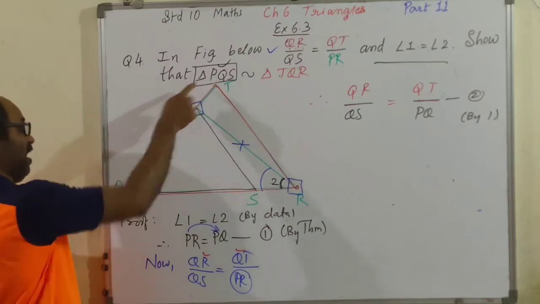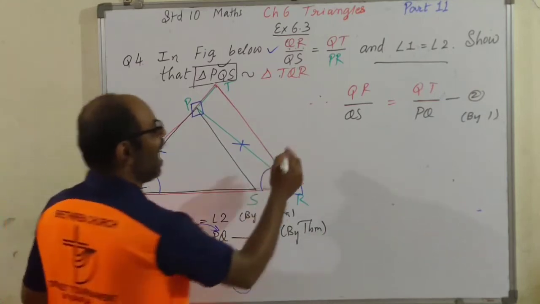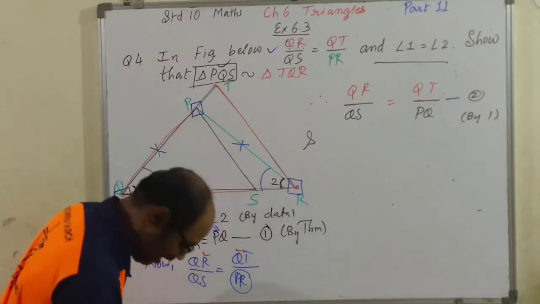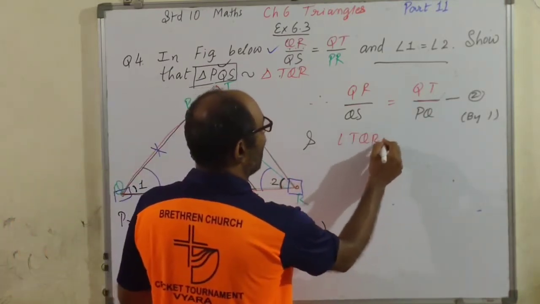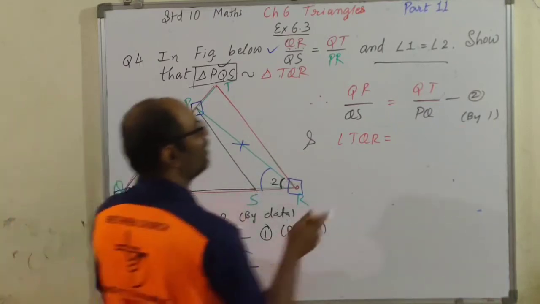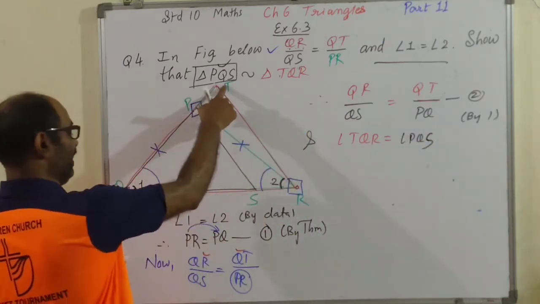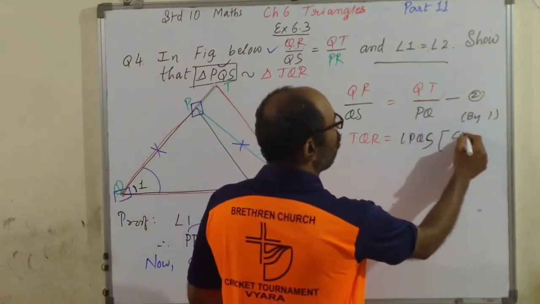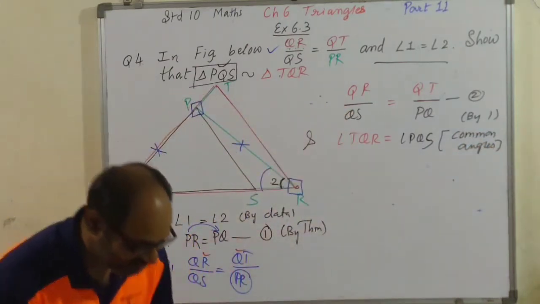QT और QR के बीच एंगल TQR, they are one and the same. And एंगल रेड लिखेंगे पहले, एंगल TQR इज इक्वल टू ब्लैक एंगल PQS. You may write Q dash P dash T and Q dash S dash R, or you may write common angles. Common angles. Finished.